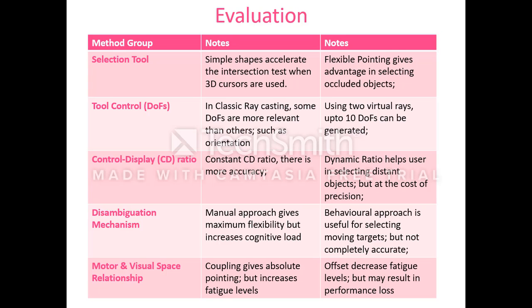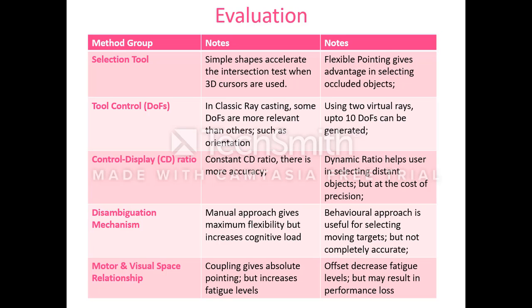Whereas if you use two virtual rays, you can generate up to 10 degrees of freedom. So that's an advantage of using two virtual rays, and the intersection of these two rays would tell which object you've selected.